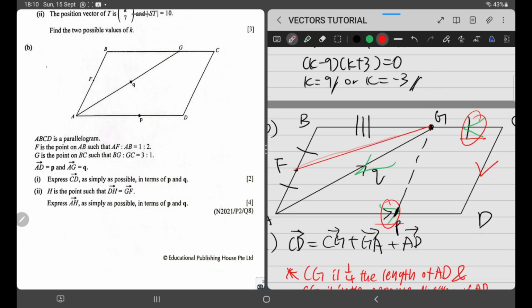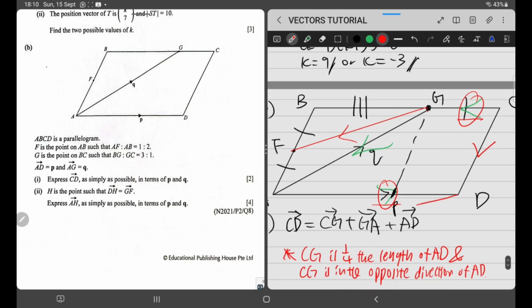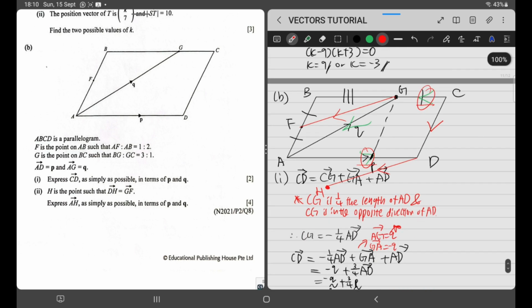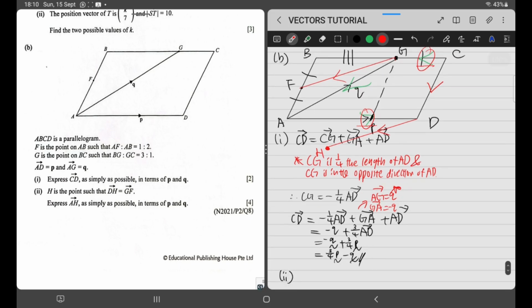G to F. This is GF, and then D to H. G to F, D to H. Now that means your H is probably somewhere here, like that, where these two lines, DH is parallel to GF and the same length as well. Something like that. Okay, this is for your visualization.